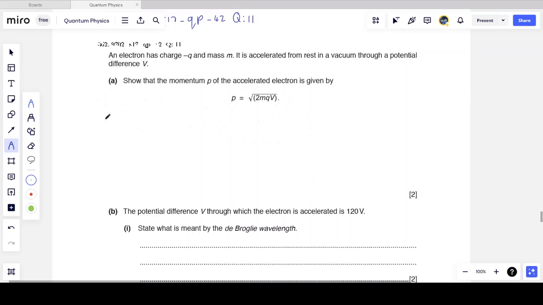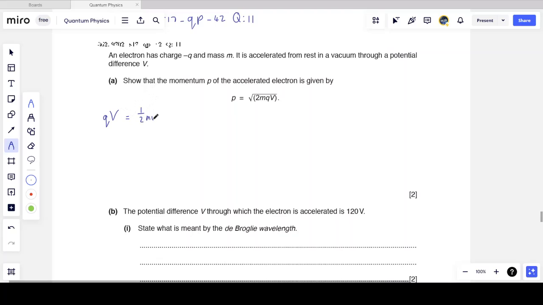Now what I know is the energy given to the electron is q times V. Told its charge is q, its potential difference is V. So the energy given is qV, positive qV. But the electron will convert this potential energy to kinetic energy as it starts to accelerate.